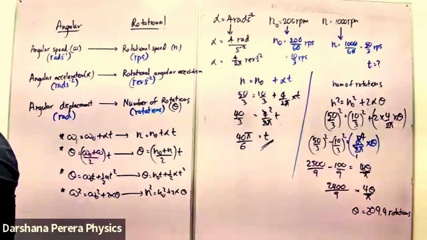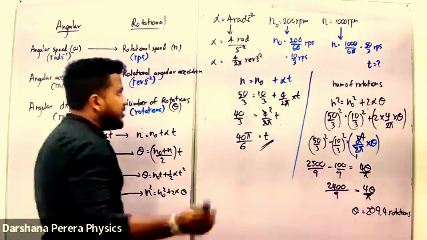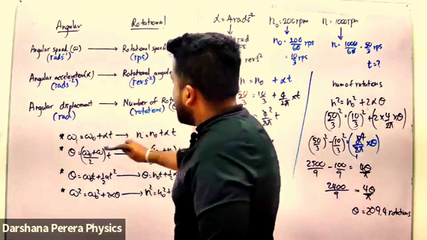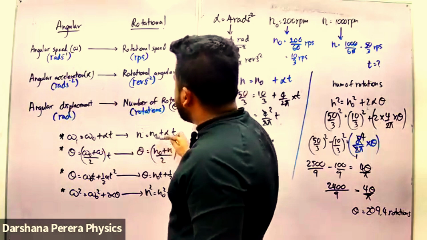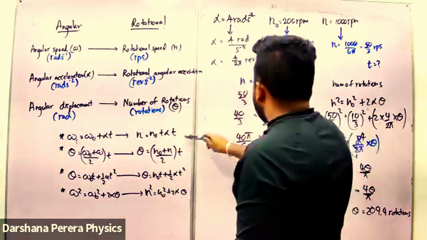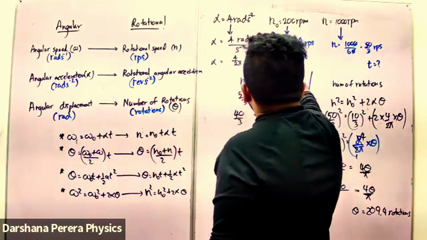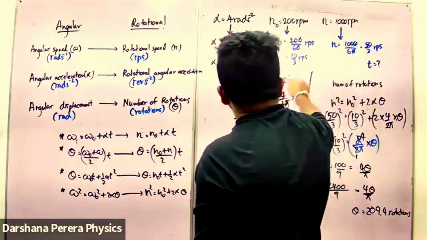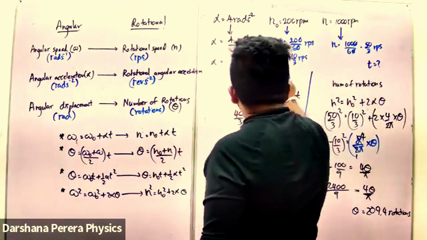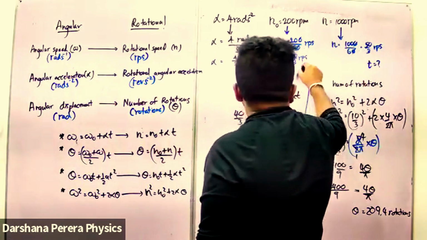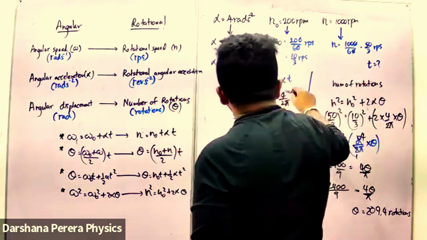So for this case, previously I wrote that equation wrong, right? Omega equals omega naught plus alpha t, n equals n naught plus alpha t. We have to take the n naught value and n value, then substitute to get the t value. n equals 10/3, n naught equals 10/3, n equals 50/3.